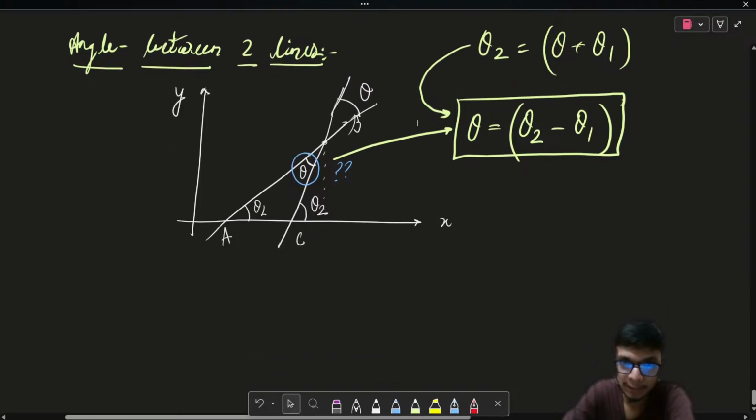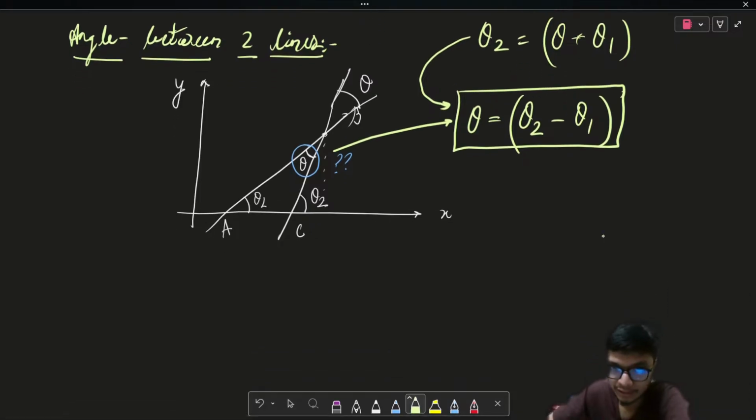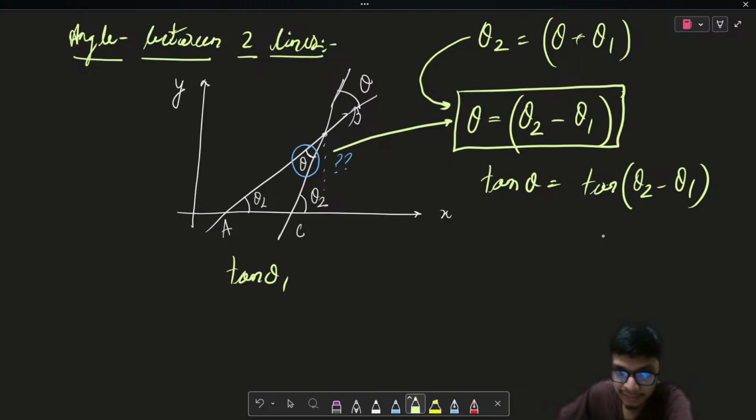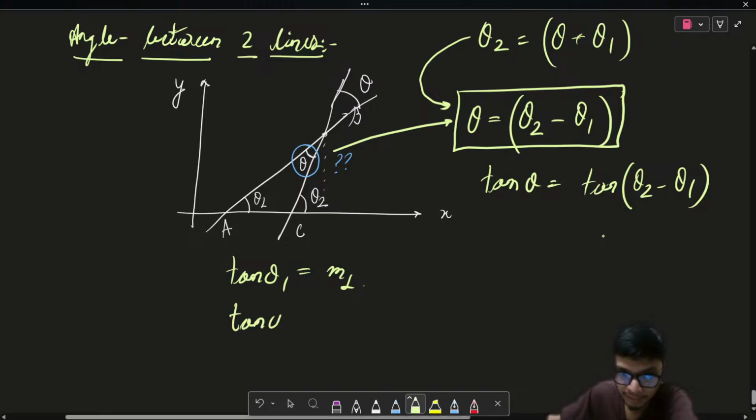Now, if I try to apply the concept of tangent on both sides, so if I take tan of theta, that will be equal to tan of theta 2 minus theta 1. Now, tan of theta 1 is the slope of the line AB, that is m1, and let us say tan of theta 2 is the slope of line BC, that is m2, right?